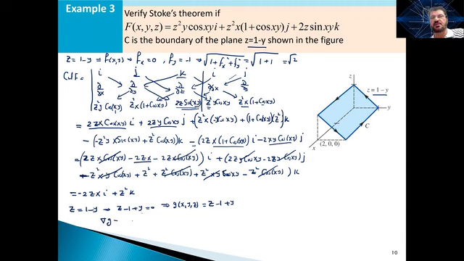Gradient of g is the partial derivative with respect to x, which is 0i, plus the partial derivative with respect to y, which is 1j, plus the partial derivative of g with respect to z, which is 1k. The gradient of g magnitude is the square root of 0 plus 1 plus 1. It's a square root of 2.